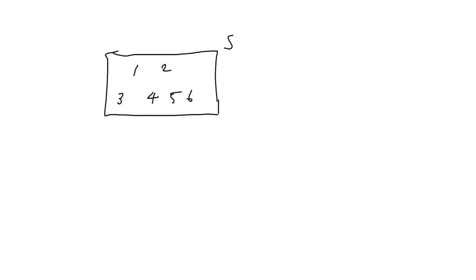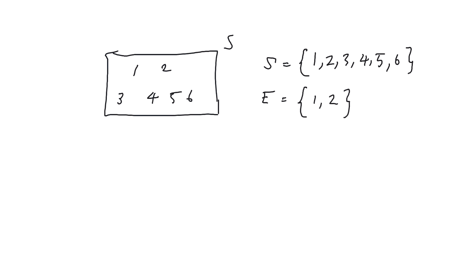So the sample space is 1, 2, 3, 4, 5, and 6, and we define event E. Let's say the elements are 1 and 2. So this is the event of interest.